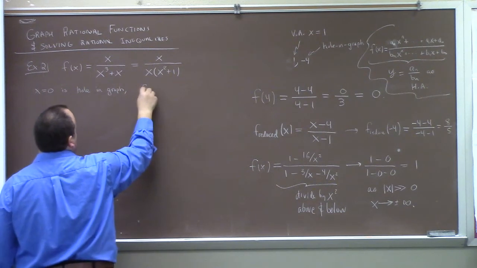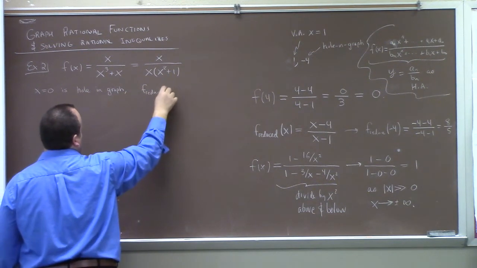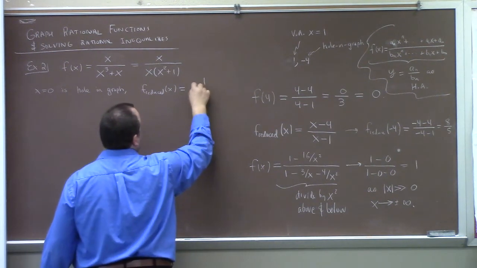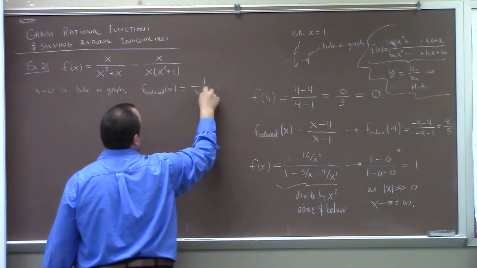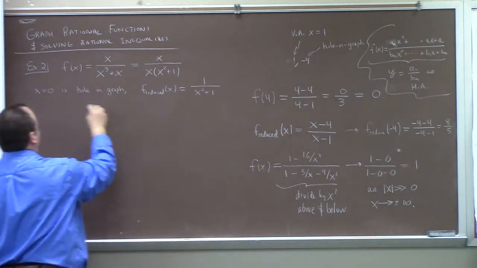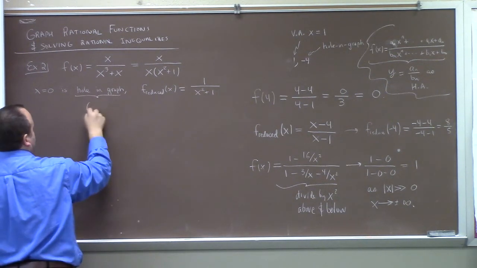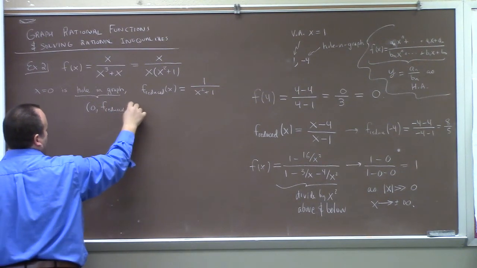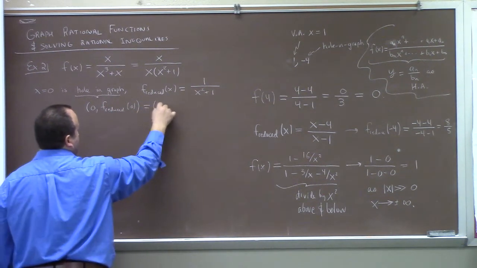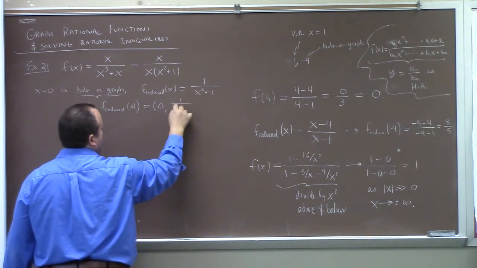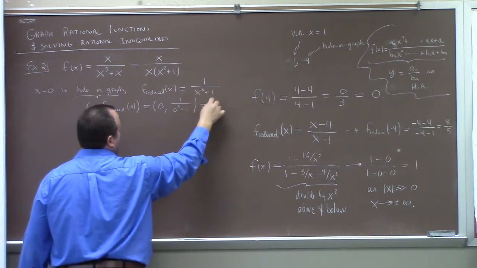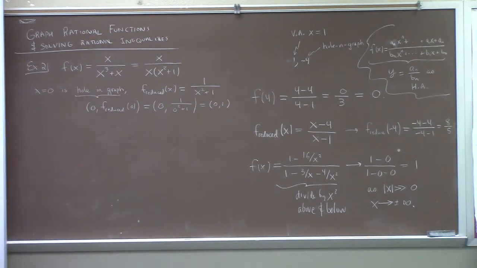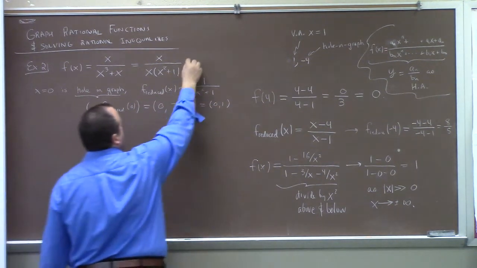And what's the reduced function here? So the hole in the graph, where is it actually at? It's at 0, comma, f reduced of 0, which is at 0, comma, 1 over 0 squared plus 1, 0, 0 over 1, right?